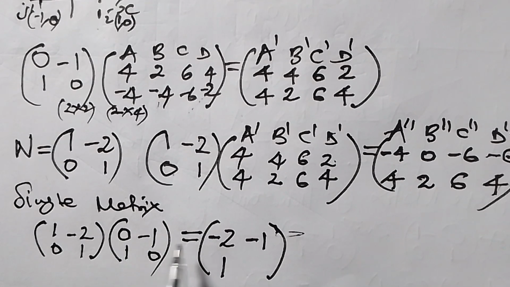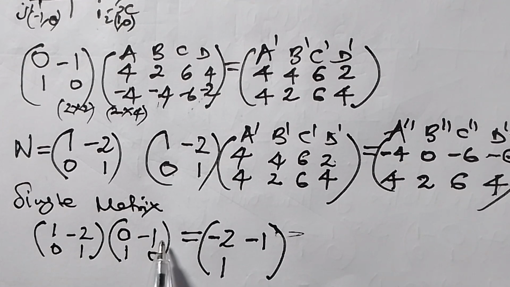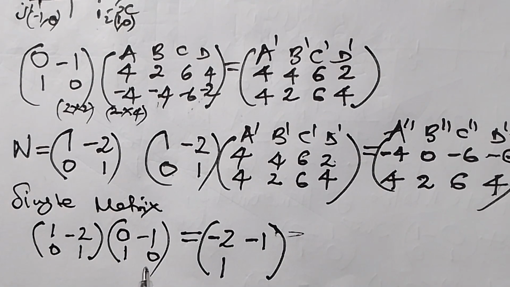when you multiply these two matrices, you're going to get negative 2 in the first row, that is 1 times 0, 0, negative 2 times 1, negative 2 plus 0, negative 2. 1 times negative 1, negative 1 plus 0, negative 1. 0 times 0, 0, 1 times 1, 1, 1 plus 0 gives you 1, and 0 times negative 1, 0, and 1 times 0, that gives you 0 again.